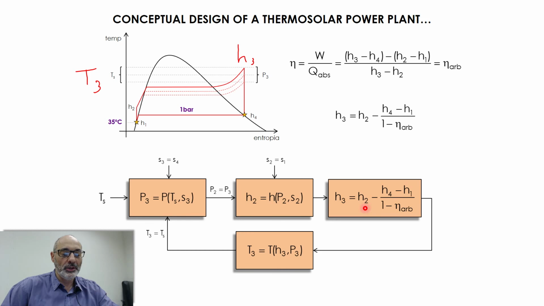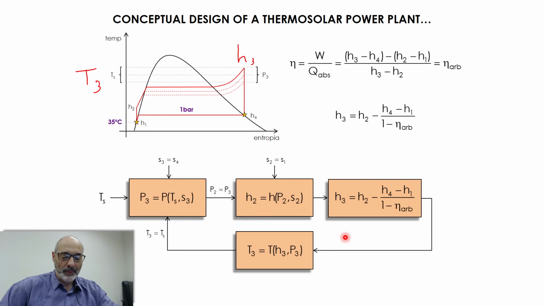Now I know H2, I know H1, H4, and the efficiency, so I can calculate H3. And knowing H3, the entropy at point 3, and also the pressure, which I calculated here, I can calculate T3, which is the temperature that I estimated in the first place.